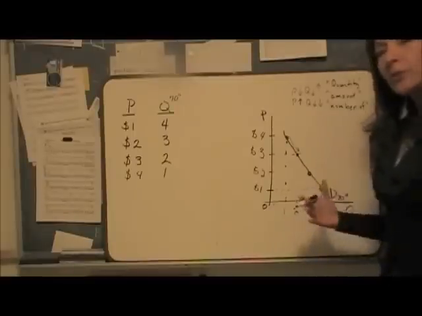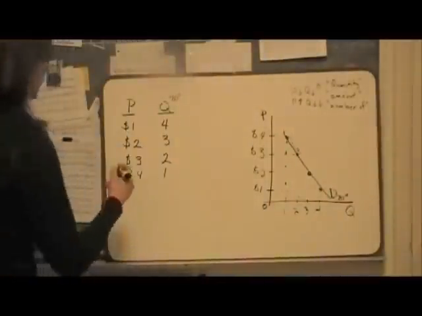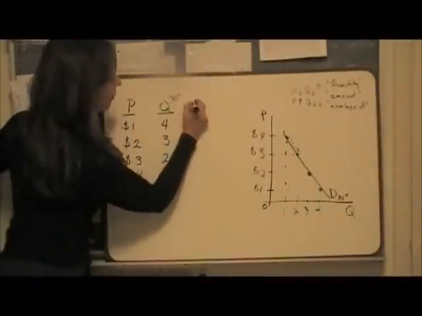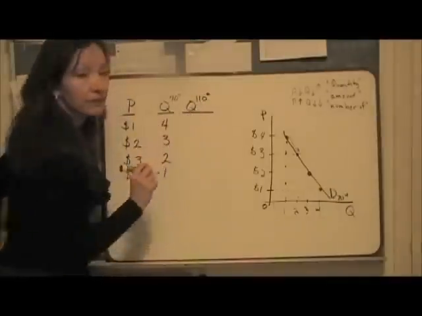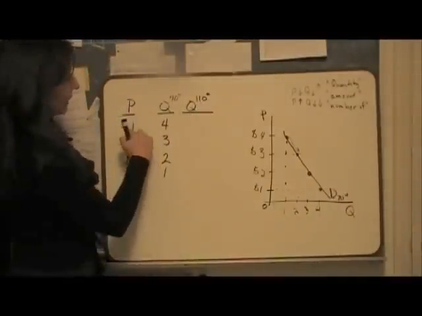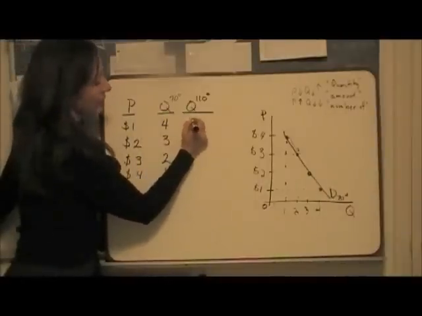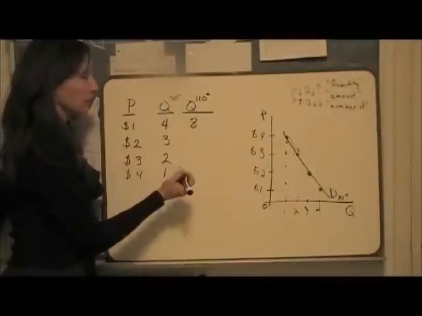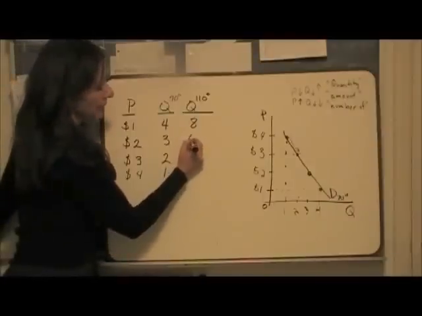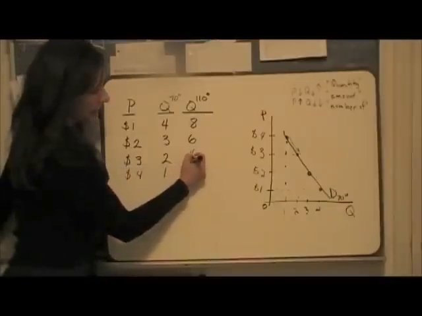So if the temperature goes up to 110, how many ice cream cones would you be willing to buy? So we have to draw a completely different demand curve. So at $1, well, maybe at $1 you'd want to have 8 ice cream cones because it's so hot. Price goes up to $2, you may want a little bit less. Price goes up to $3, you may want even less.